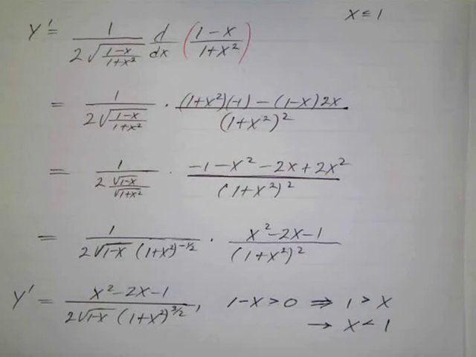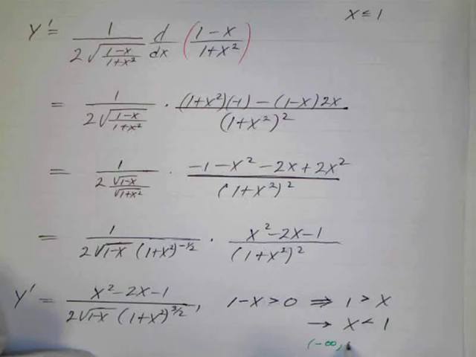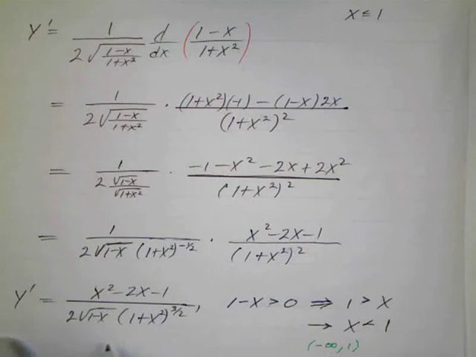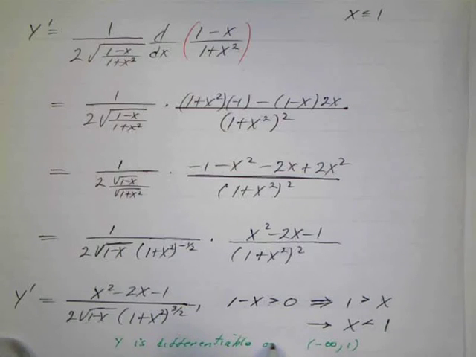Or that's where it is differentiable. It's differentiable on the interval x is less than 1, or I could say negative infinity to 1. So y is differentiable on the interval. Okay?